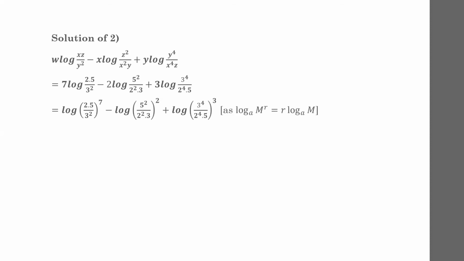So the next line becomes log (2 into 5 divided by 3 square) whole to the power 7 minus log (5 square divided by 2 square into 3) whole square plus log (3 to the power 4 divided by 2 to the power 4 into 5) whole to the power 3, as r log a base m is equal to log a base m to the power r.